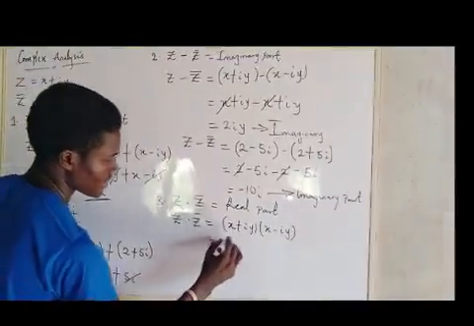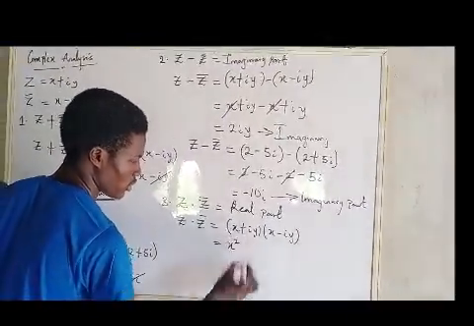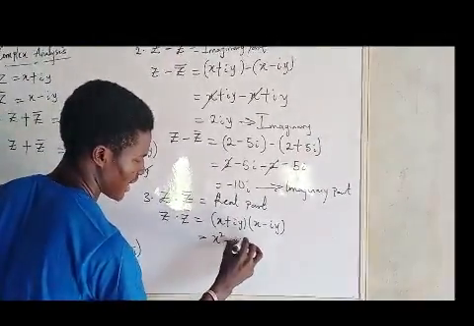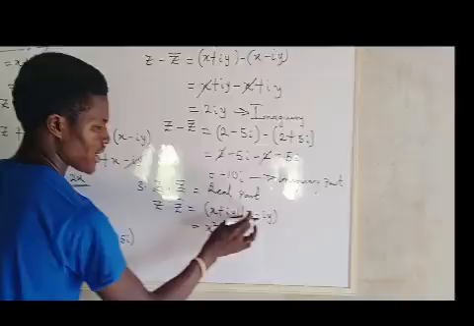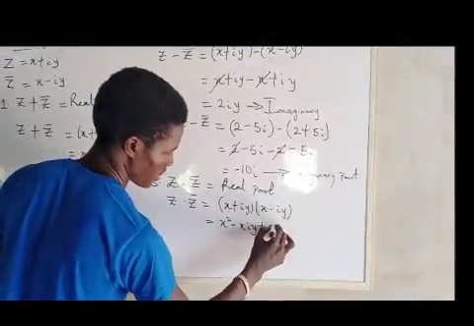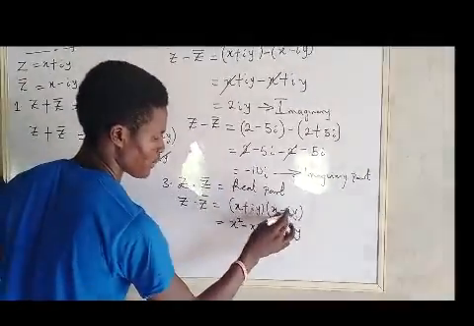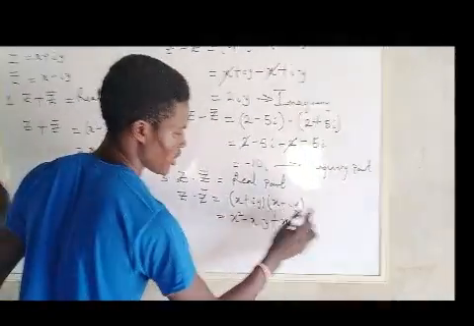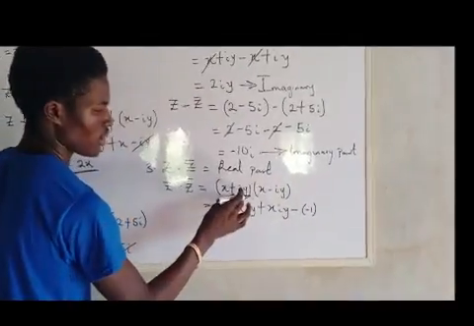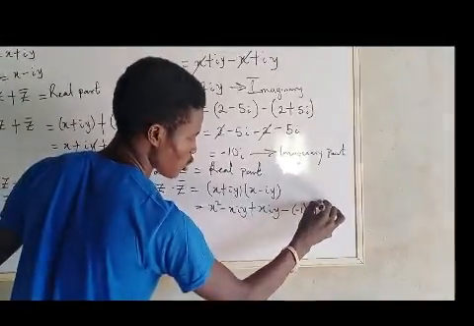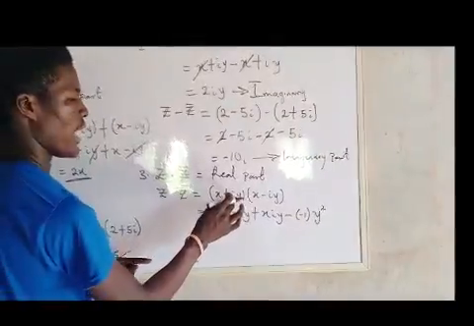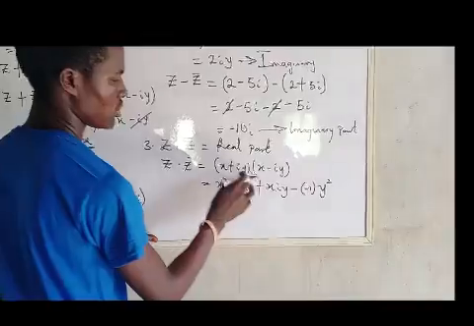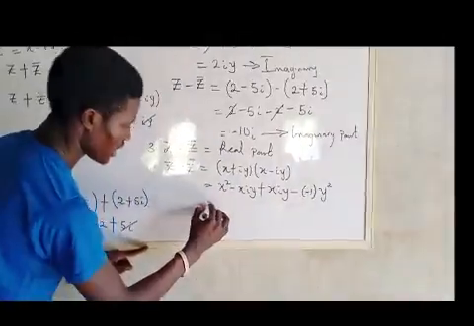Now let's see that. x times x will give us x squared. x times minus iy will give us minus xiy, plus iy times x will give us plus xiy, and plus iy times minus iy will give us minus i times i, which is minus 1, and y times y gives y squared. So that will be x squared.